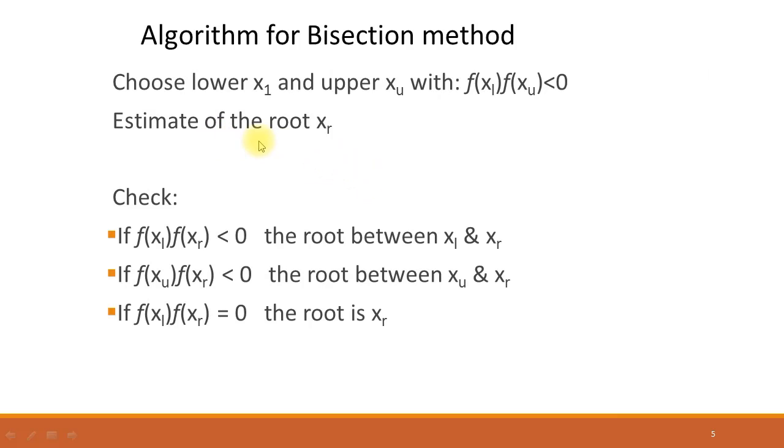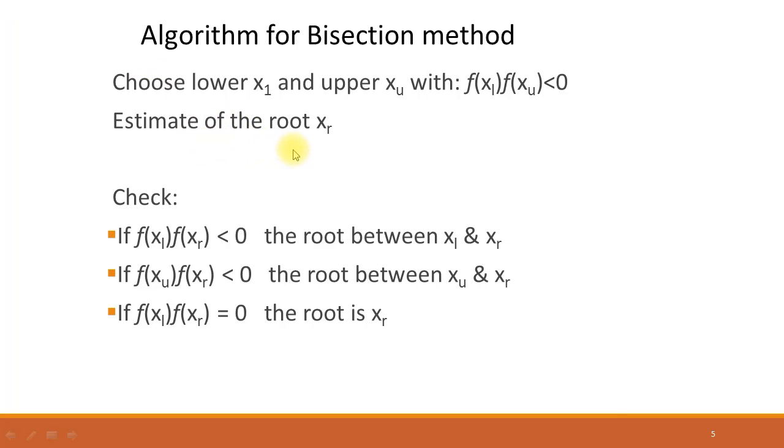Now the algorithm for the bisection method. First of all, choose any two values at which the function has opposite signs, that is, f(xl) f(xu) < 0. This multiplication means that the function has opposite signs at xl and xu. xl is the lower point of the interval and xu is the upper point of the interval.